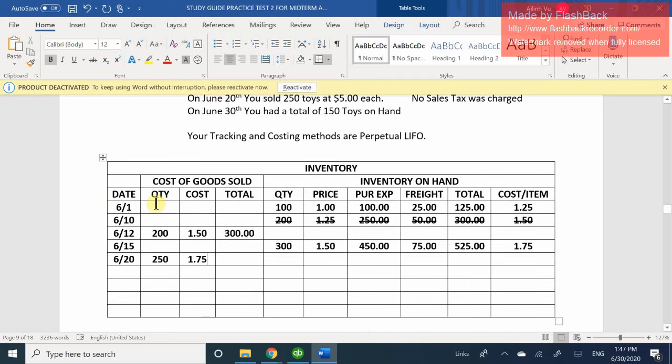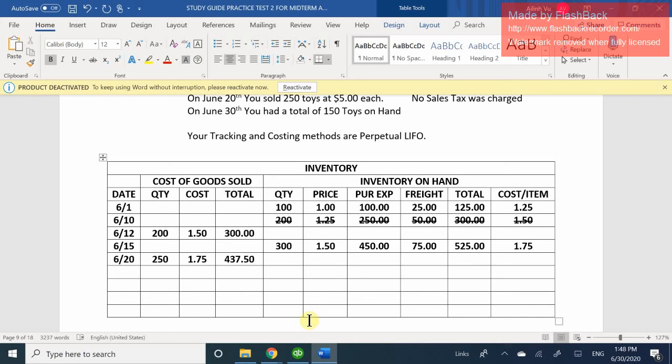Perpetual. Exactly. But what costing method are we using? LIFO. So the last thing that we purchased was the 1.75. So what is 1.75 multiplied by 250? 437.50.